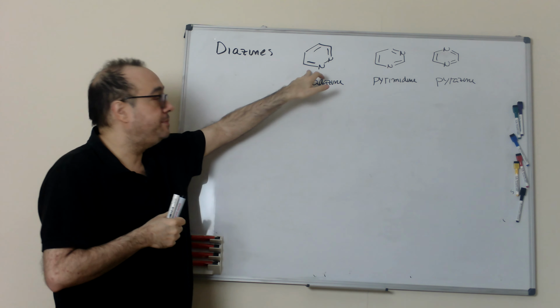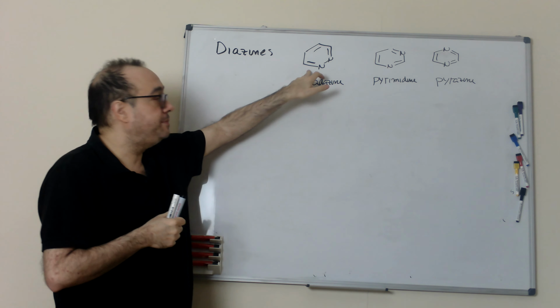That means that we can break this bond, and this can come from a ketone or an aldehyde, plus this.